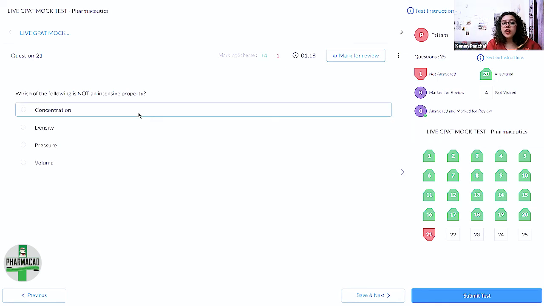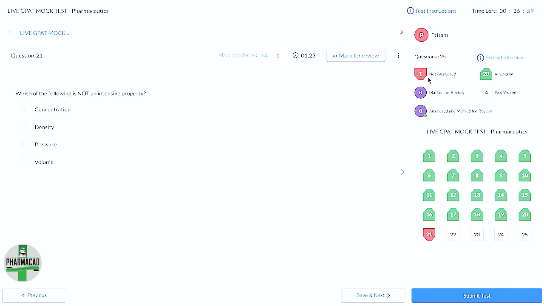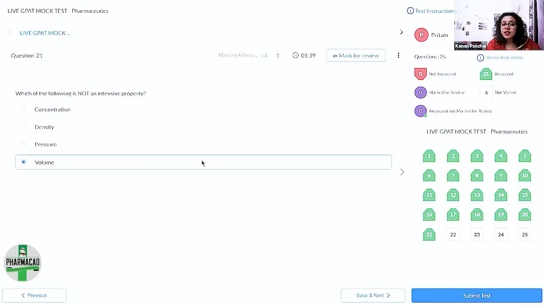So उस हिसाब से what is the correct answer here? Not an intensive. मतलब which is extensive? Volume. Who's this? Sejal. Ma'am, Sejal. Okay. Correct. Volume को तुम add कर सकते हो. 100 ml and 200 ml will give you 300 ml.